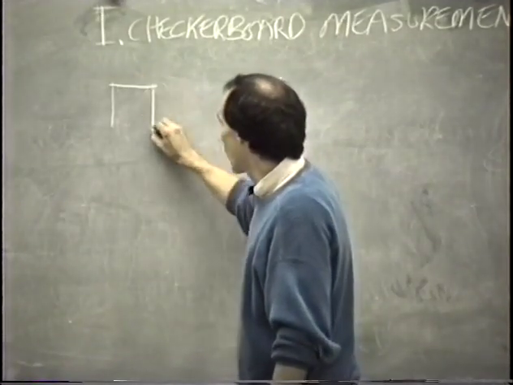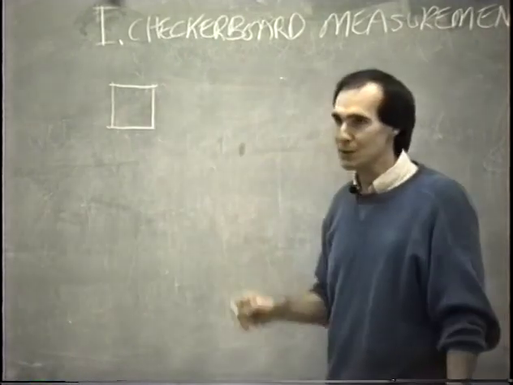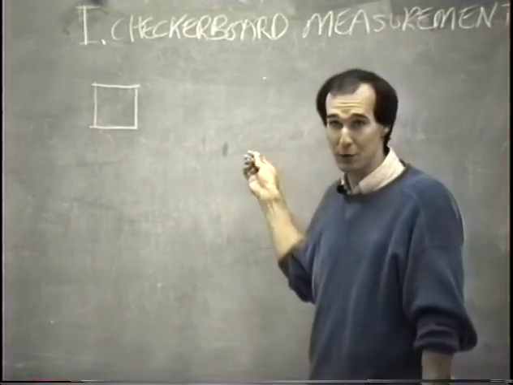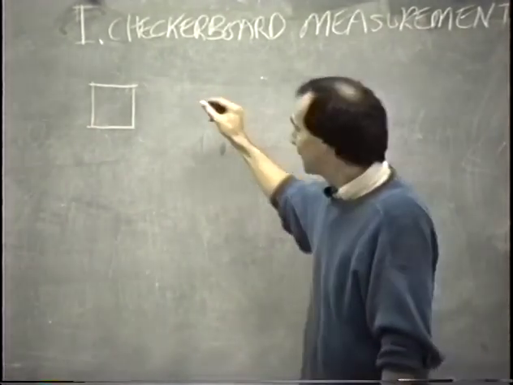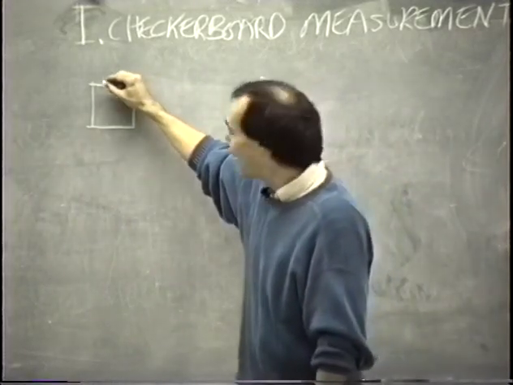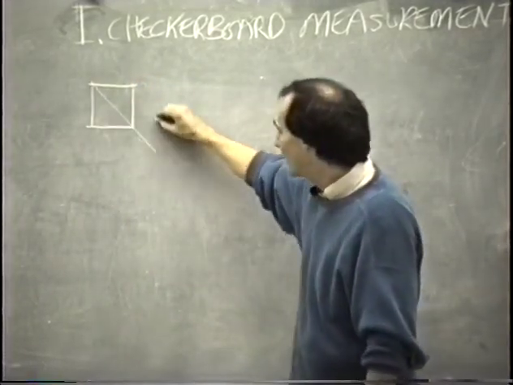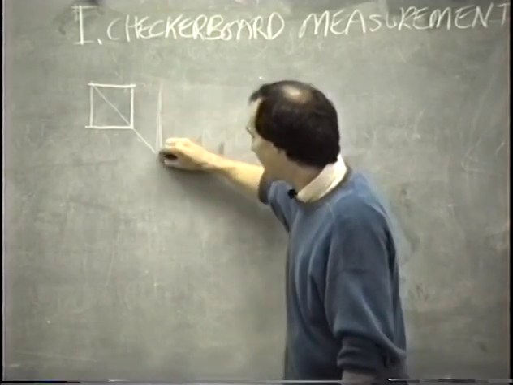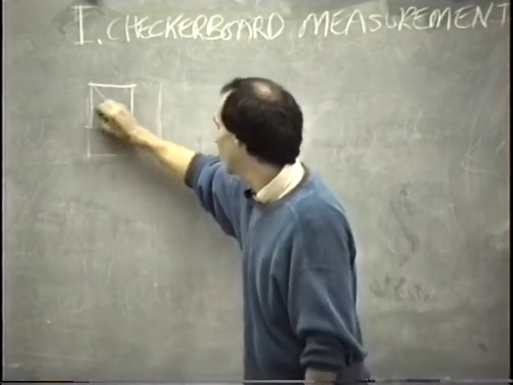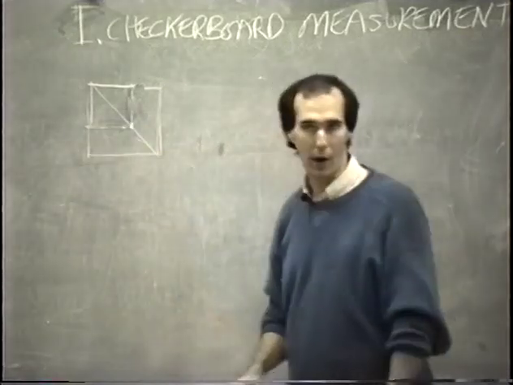If you've got a square, the easiest way to make a square bigger or smaller, the quickest way, what is it? Run a diagonal from corner to corner, and if you do lines perpendicular to that, it doesn't make any difference how big you do it, it will always be a square.